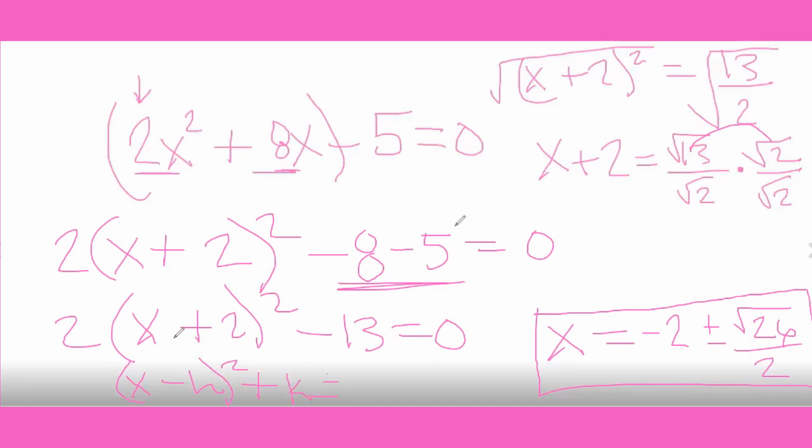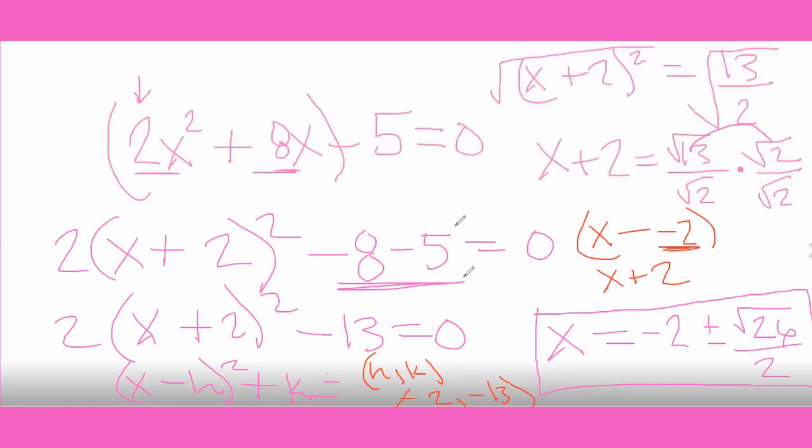That means our h is actually negative 2, because if I switch over here, that would be x minus negative 2 in that parentheses. That would give me x plus 2, x minus the negative. So that means h is actually negative 2. So my h comma k is actually going to be negative 2 comma negative 13.